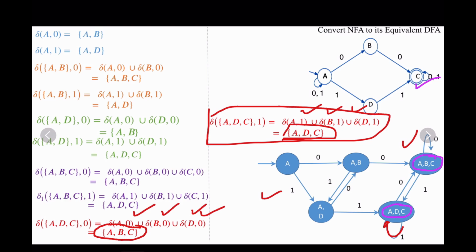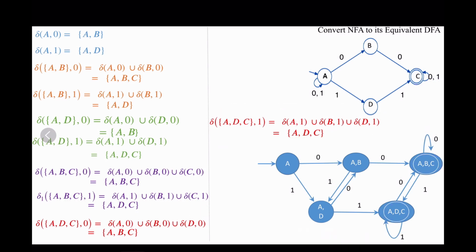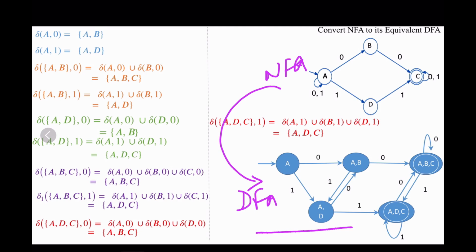These two states become the final states of the DFA. So this will be the final transition diagram of the DFA. This is the NFA, and from it you have converted into the DFA.